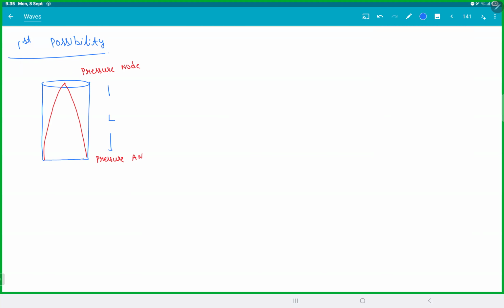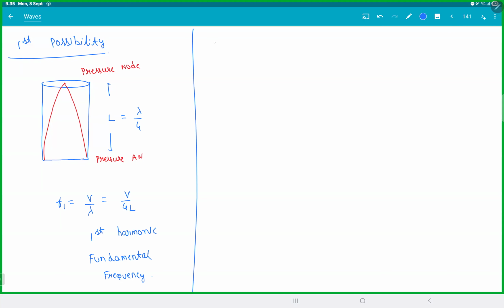This length will be lambda by 4. Frequency will be v by lambda. We get v by 4L. First harmonic or fundamental frequency. What is the second possibility?